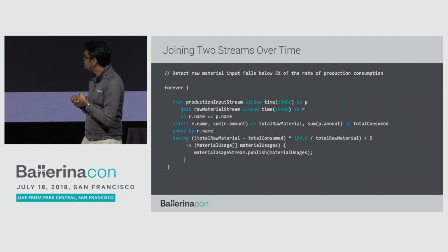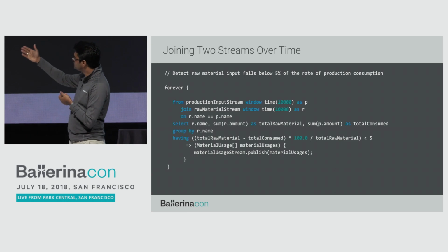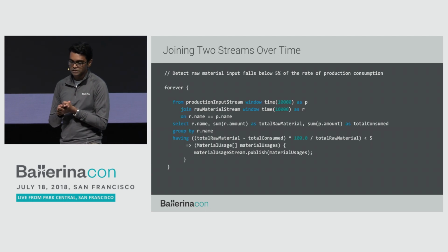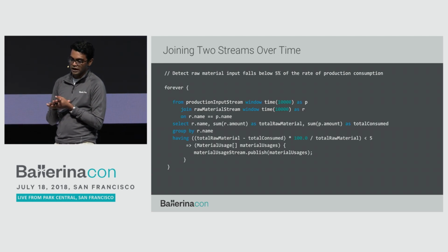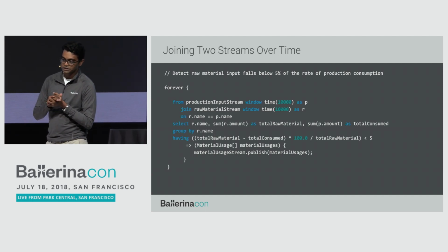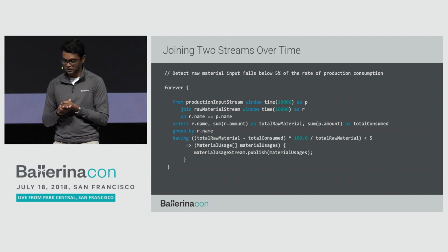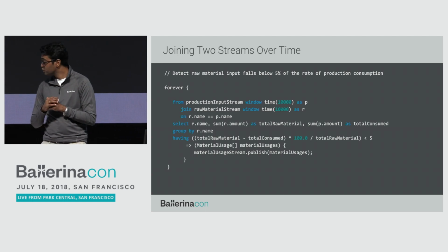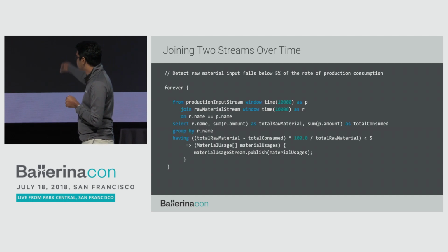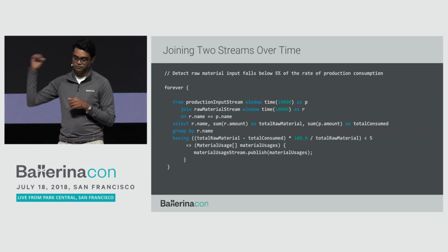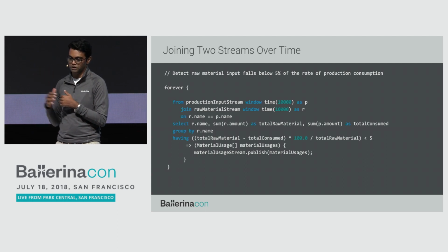And on a condition where the product name on the raw material and the production stream is the same, then I'm going to select the name, sum of amount of the total raw material consumption and the total production consumption, like raw material produced and the production consumption, grouping them by the name, and then I'm doing a small having calculation to check whether it has fallen below 5%.